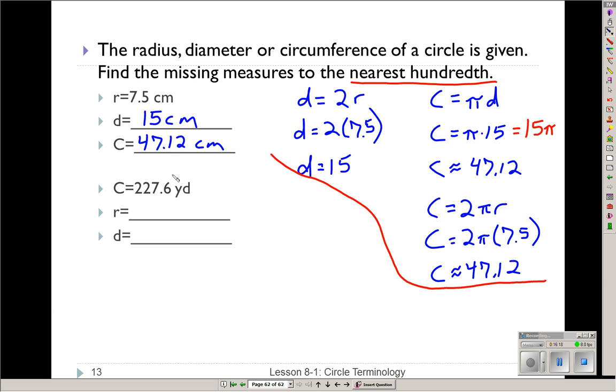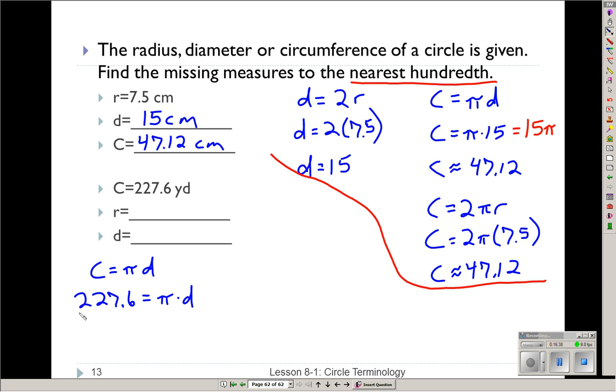If we're given the circumference, it's easiest to find the diameter first. So let's use C equals pi times diameter. C is 227.6 equals pi times diameter.